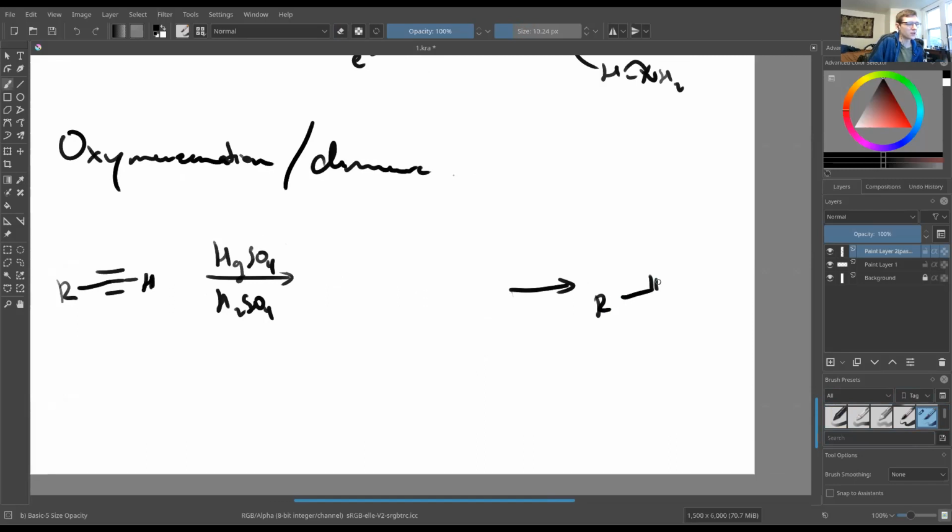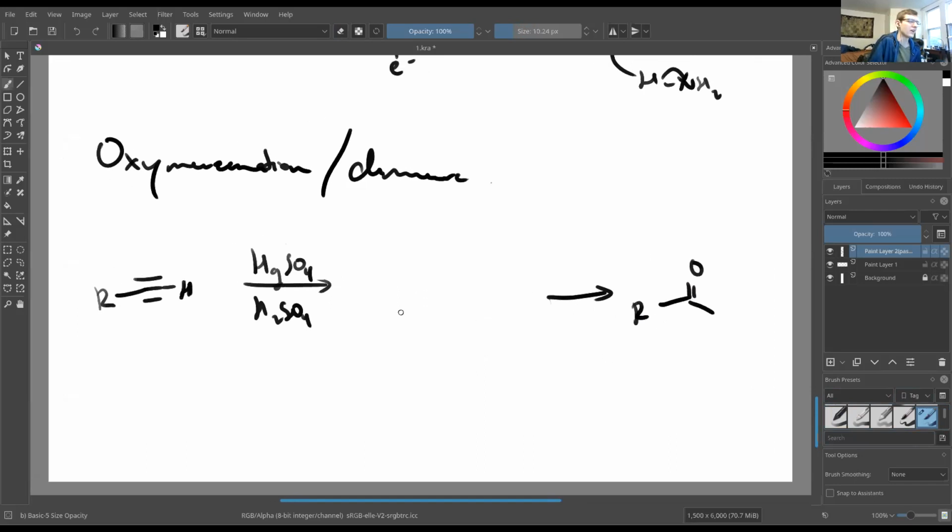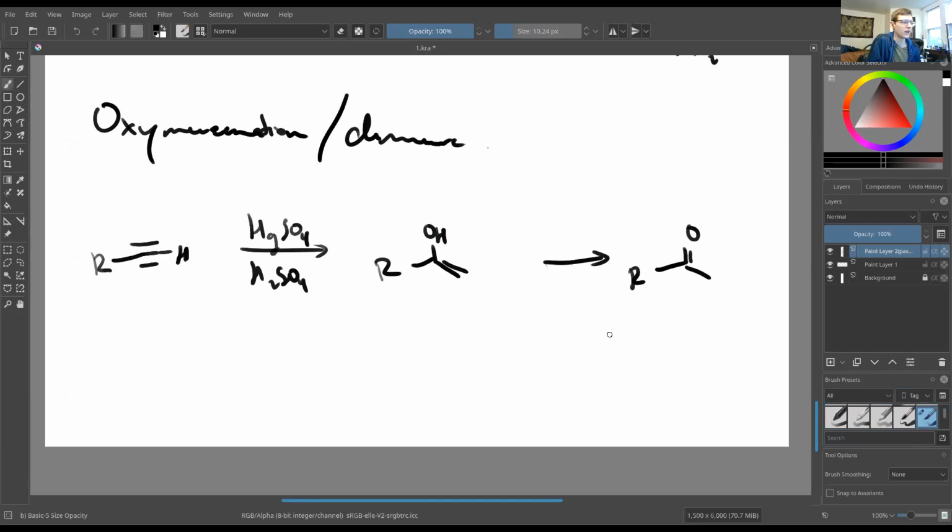Getting to this product, how did we actually get there? You could think about it as doing the Markovnikov alcohol addition, and then from here to the final product, you do what is called the keto-enol tautomerization.